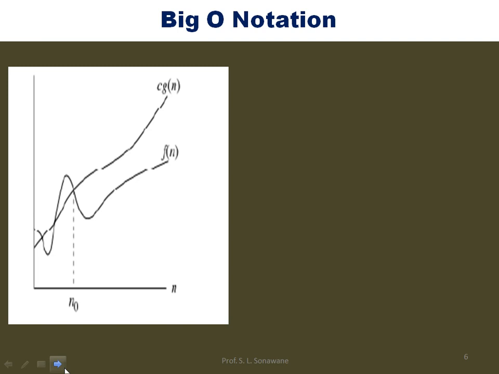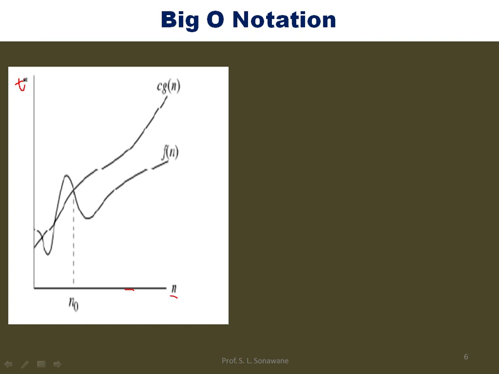In big O, first we will understand the graphical representation. Here we can see that the x-axis shows n. What is meant by n? n is the input size, whereas the y-axis shows t. t is the time growth of that particular algorithm.